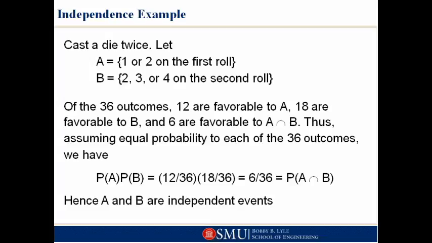So we roll a 1, and then whatever we roll on the second one, we're still in A. If we roll a 2, no matter what we do on the second one, that's also in event A. So 12 outcomes favorable to A, 12 over 36, times the probability of B, 18 over 36, and that is equal to 6 over 36, which indeed is equal to the probability of A intersection B. Hence, the events A and B are considered independent events.